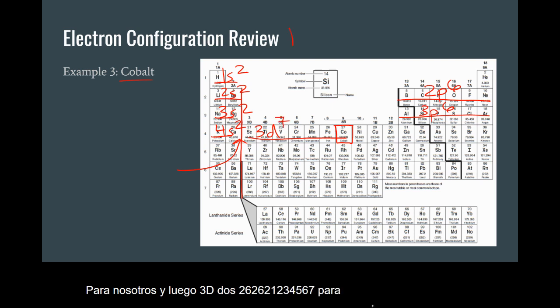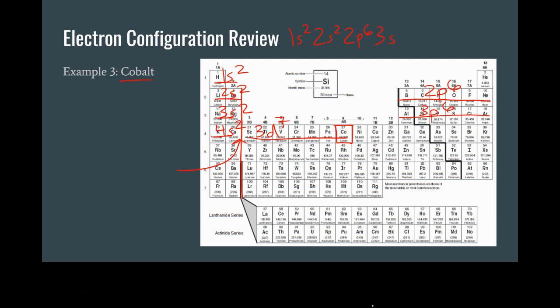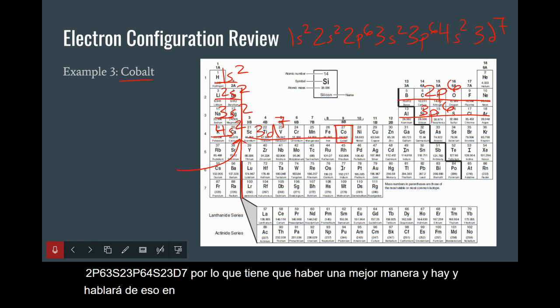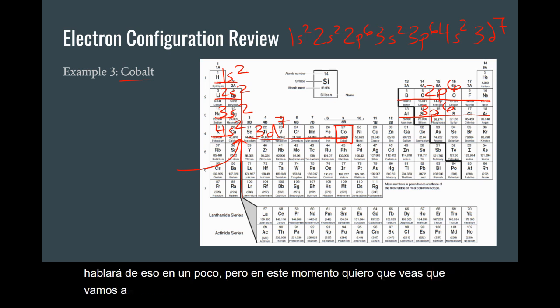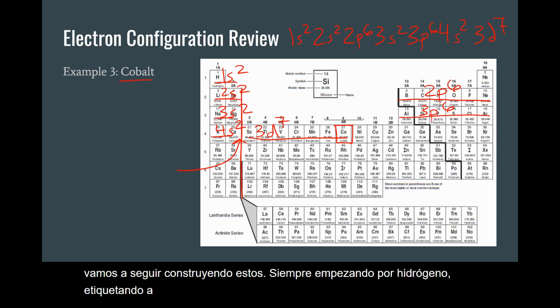So we have 1s2, 2s2, 2p6, 3s2, 3p6, 4s2, 3d7. So long. There's got to be a better way. And there is, and we'll talk about that in a little bit. But right now, I want you to see that we're just going to keep building these up, always starting from hydrogen, labeling all of our sublevels until we get to the element that I'm interested in.